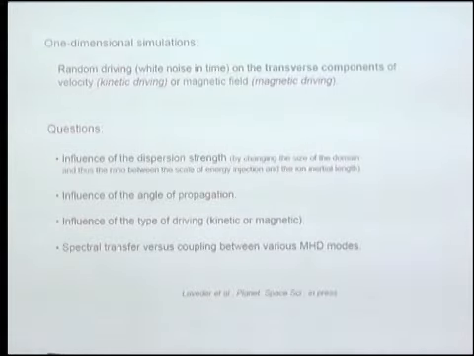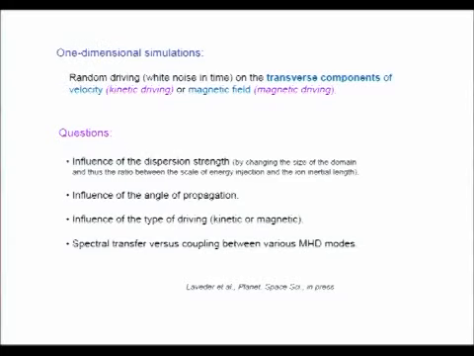What I would like to show briefly is some simulations where we drive randomly, with a white noise in time, the transverse component of the velocity or magnetic field in one dimension, and show by varying parameters the influence of the dispersion strength, the influence of the angle of propagation, the influence of the type of driving, and the spectral transfer versus coupling between various MHD modes.